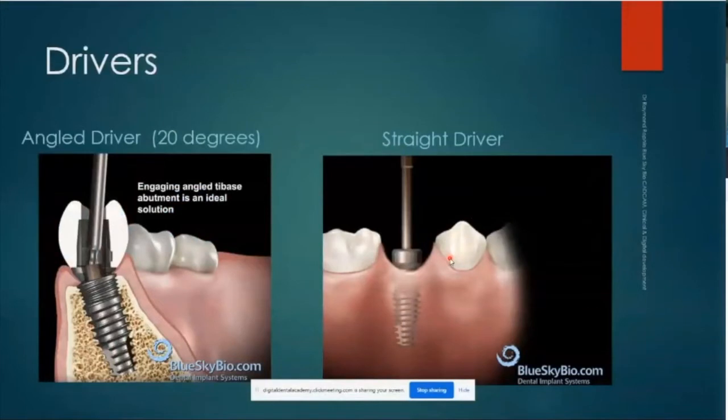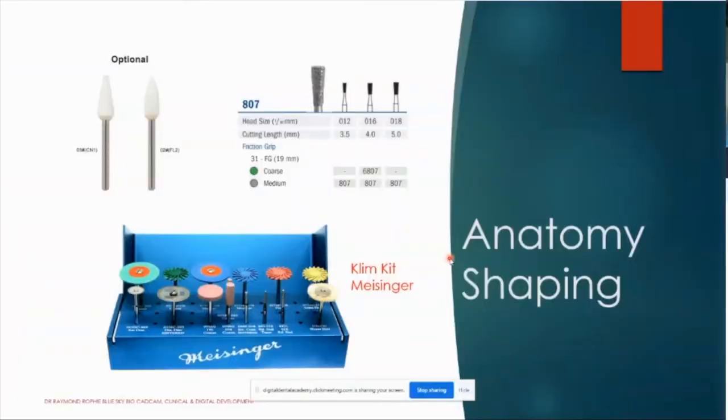The tools that you need to use are either the straight drivers or the angle drivers. These are in order for you to screw your tie base and your scan body to your implant. And basically, that's it.